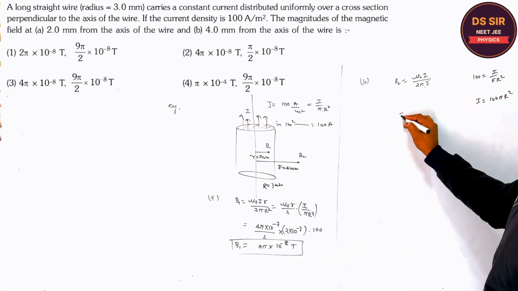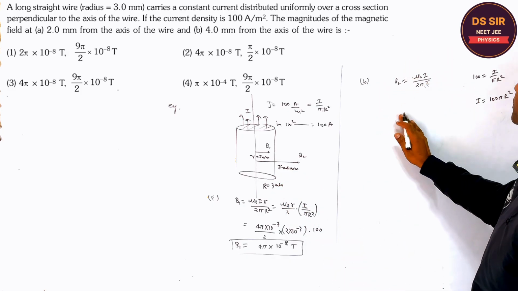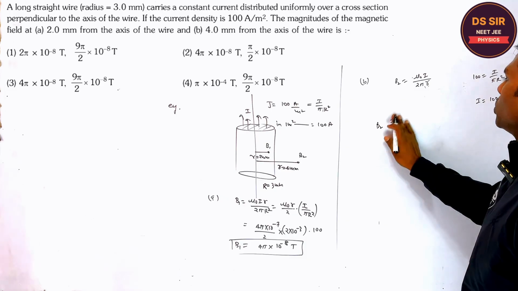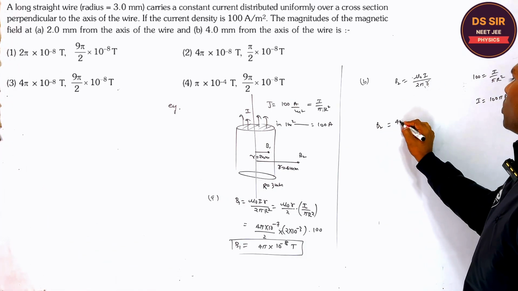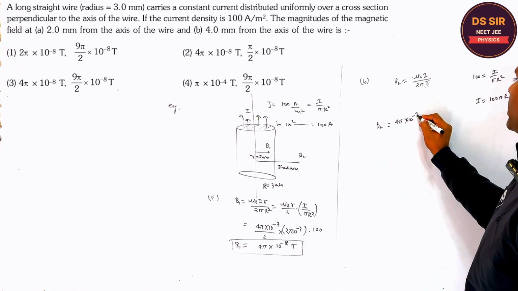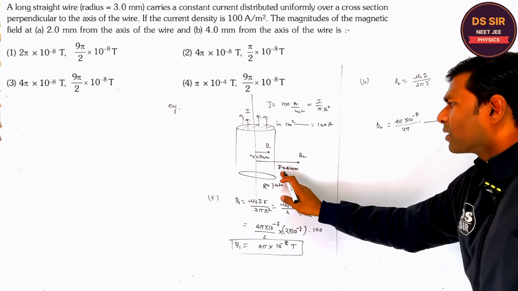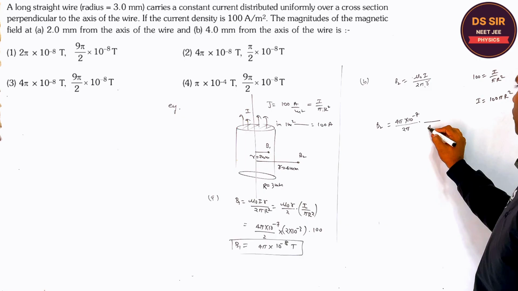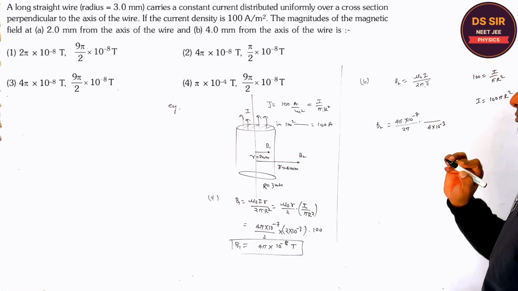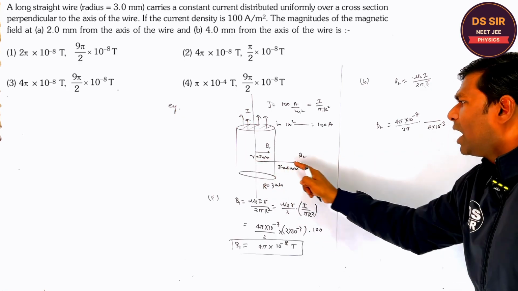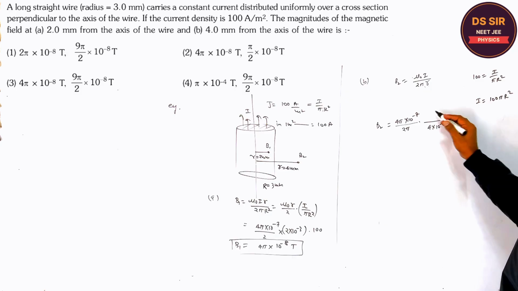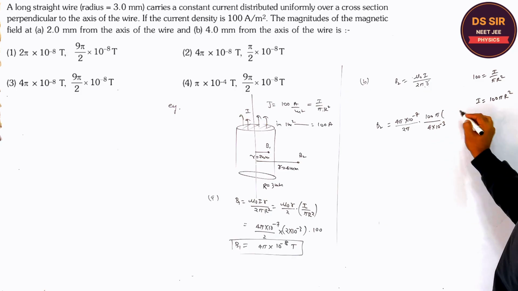Right. So the value of mu naught I am putting is 4 pi into 10 to the power minus 7 upon 2 pi. What is the value of small r? Outside, 4 millimeter. And what is the value of I? It is 100 pi into R square.